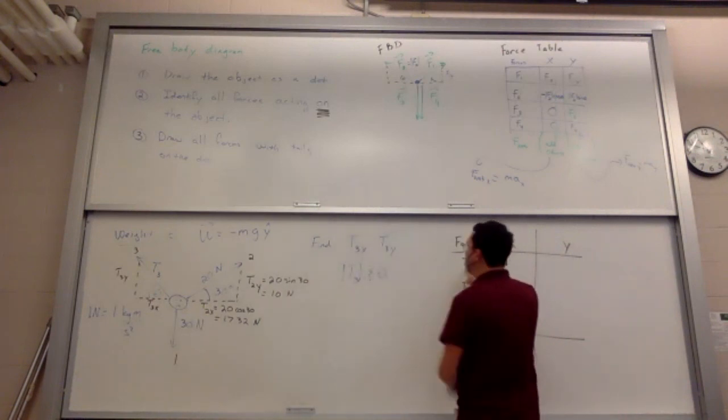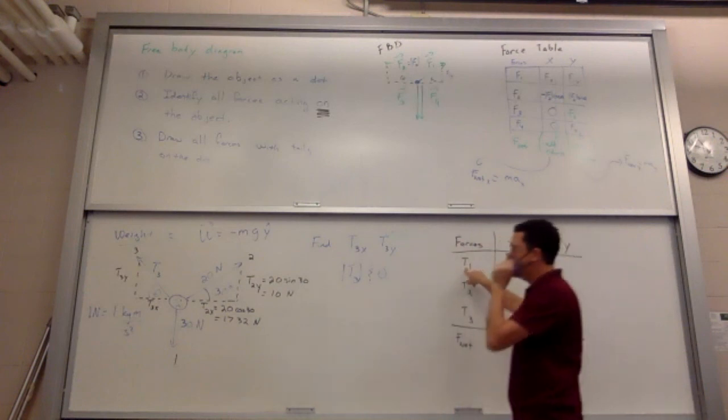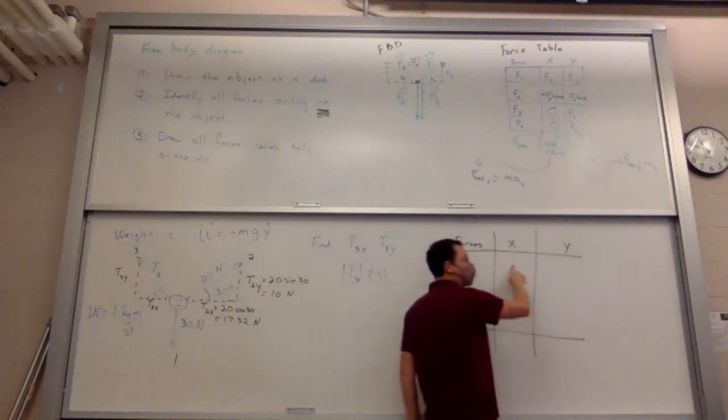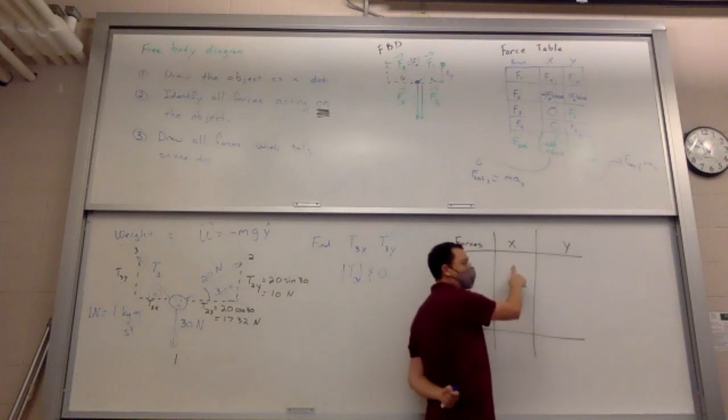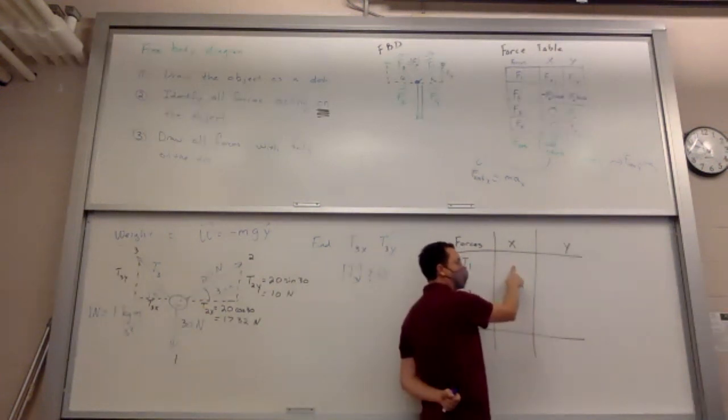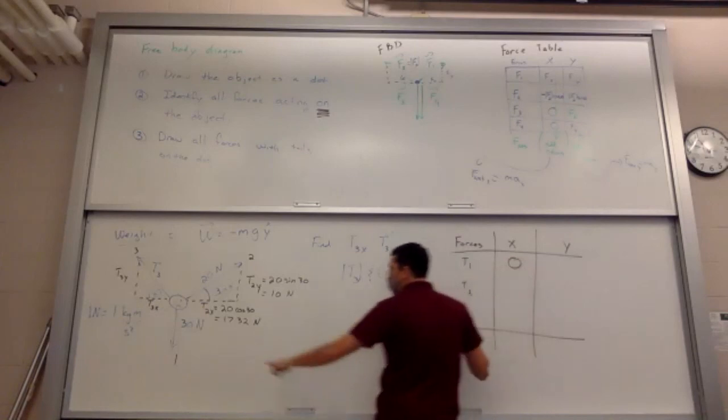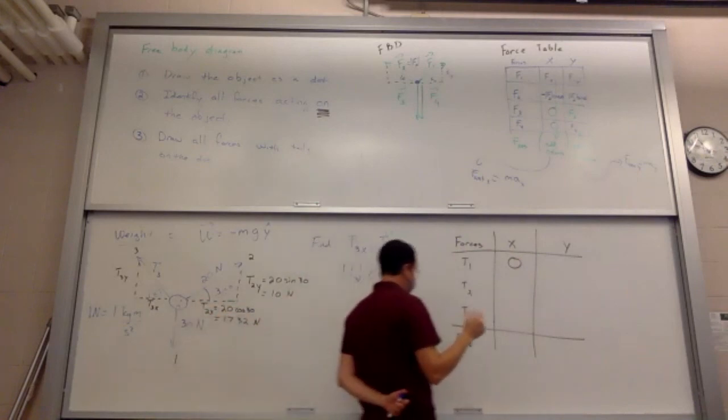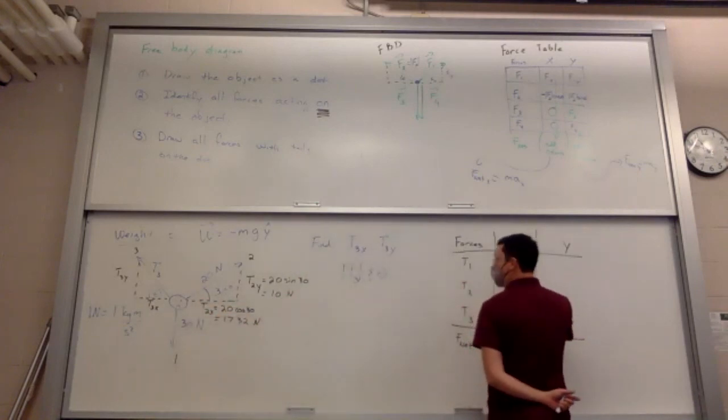Okay. Tension 1 in the X direction. What should I write down? What do I get from the diagram? 0. This rope doesn't go in the X direction at all, so it gives 0.